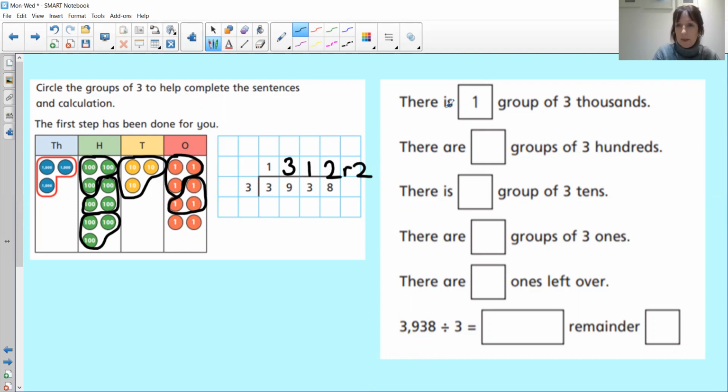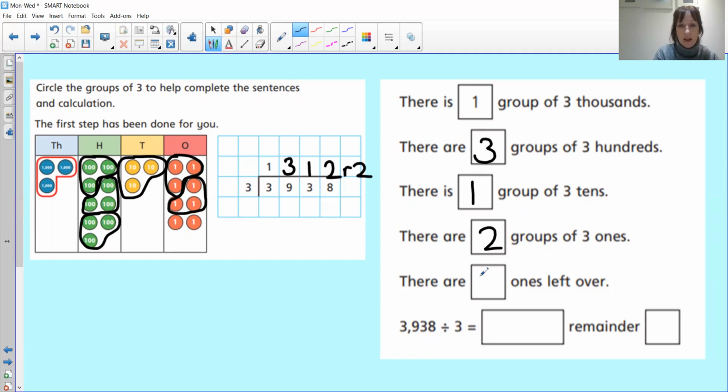So let's have a look at our sentence stems. So there is one group of 3 thousands. There are how many groups of 300s? There are 3, aren't there? There is a group of 3 tens. There's one group, isn't there? There are groups of 3 ones. So we know that there's 2 groups of 3 ones.